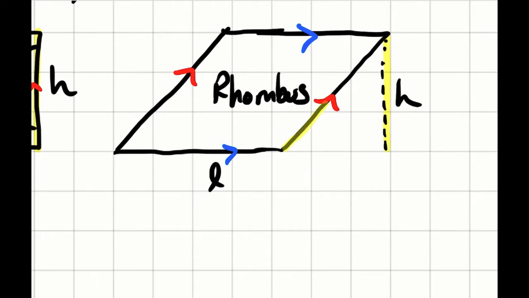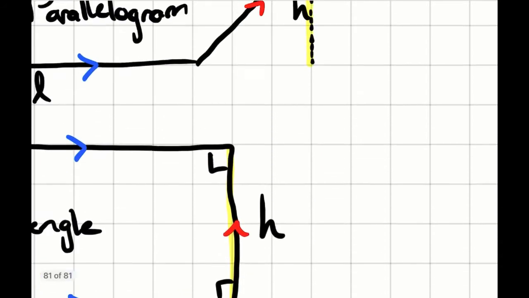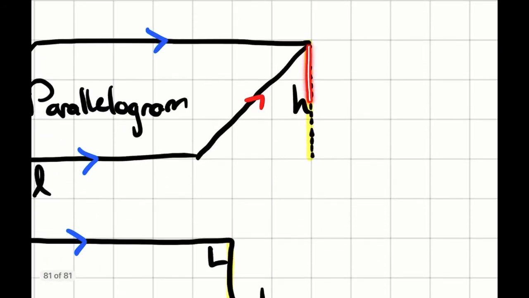And this diagonal here does not count. You can't use that. It has to be the distance between the parallel sides that is perpendicular. So where it forms this right angle. And in the case of a rhombus, or in the case of this parallelogram, there actually isn't a side there.